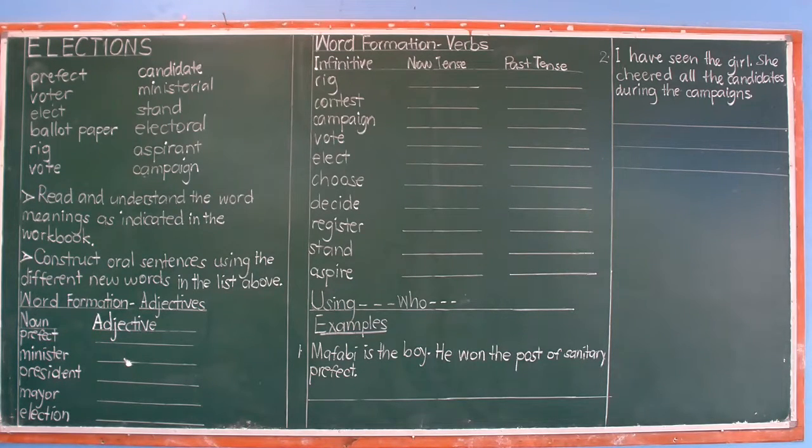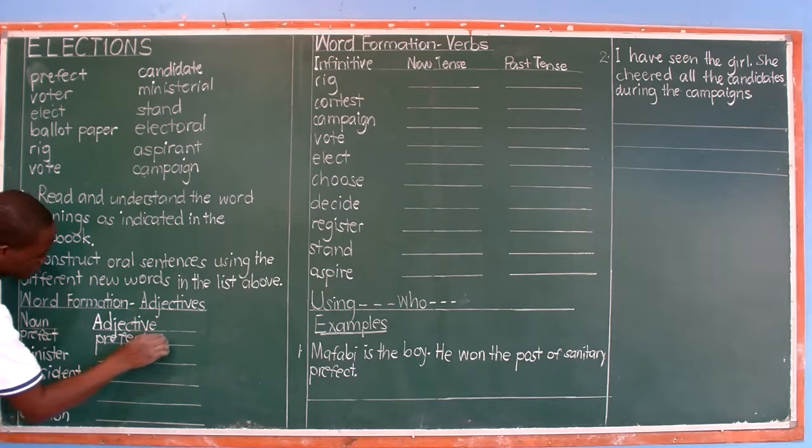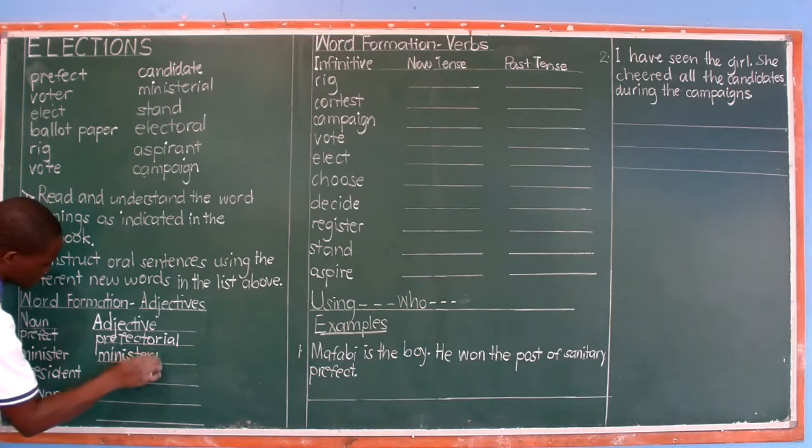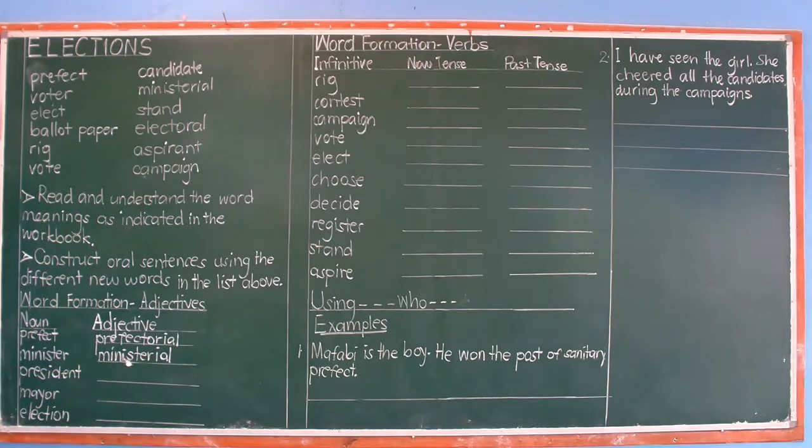The first noun is prefect, and the adjective is prefectorial. Prefectorial is the adjective from prefect. Next is minister. Then the adjective is ministerial. Ministerial post. Prefectorial posts. Next is president.